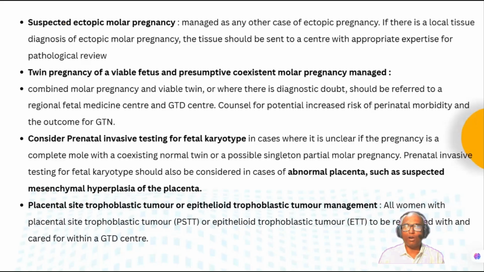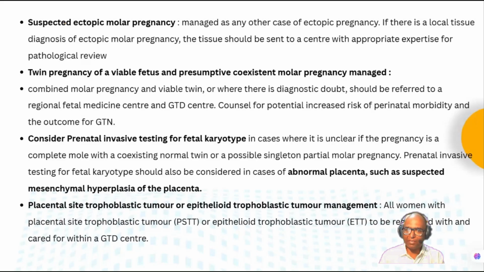Okay, so twin pregnancy of a viable fetus and presumptive coexisting molar pregnancy. You have a twin with a viable fetus and suspected coexisting molar pregnancy. Okay, so combined molar pregnancy and viable twin, or where there is a diagnostic doubt whether you are dealing with a partial mole, that means you are having a fetus and the other is a partial mole, you require 2 referrals.